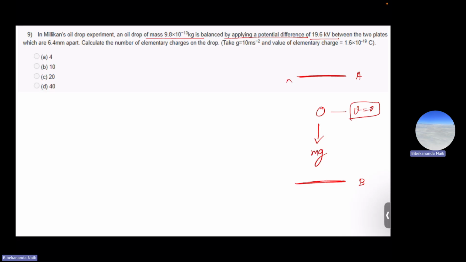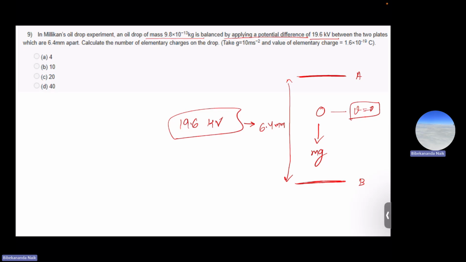The separation between the two plates is given as 6.4 millimeter. And the potential difference applied between the two plates is 19.6 kV.